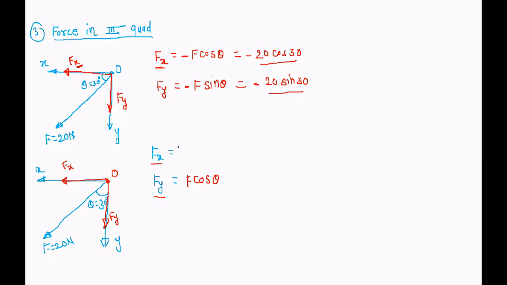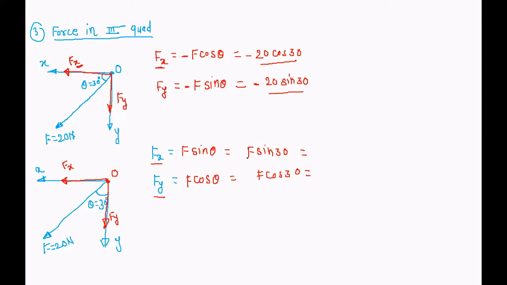So Fx is F sin theta. Sorry, theta is 30. So it is F sin 30. And this will become F cos 30. So you can put this value, F is equal to 20 Newton, and you can calculate the answer.